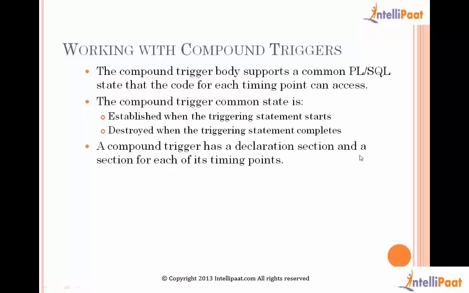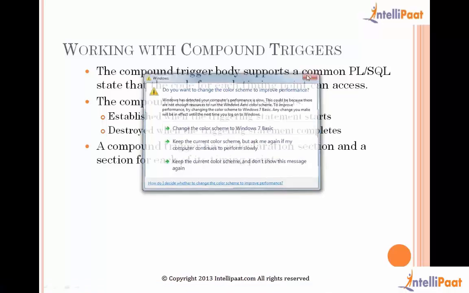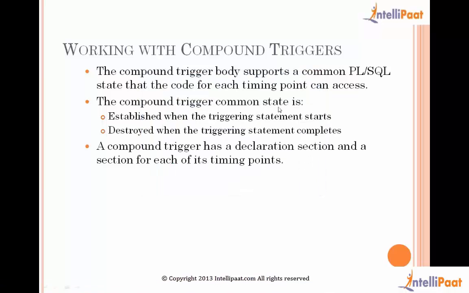A compound trigger has a declare section and a section for each of its timing points. So while I was teaching you something in the exception section, for insert, for delete, raise this error.